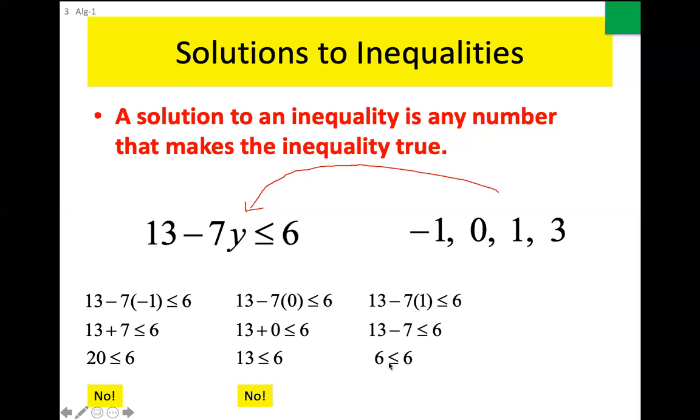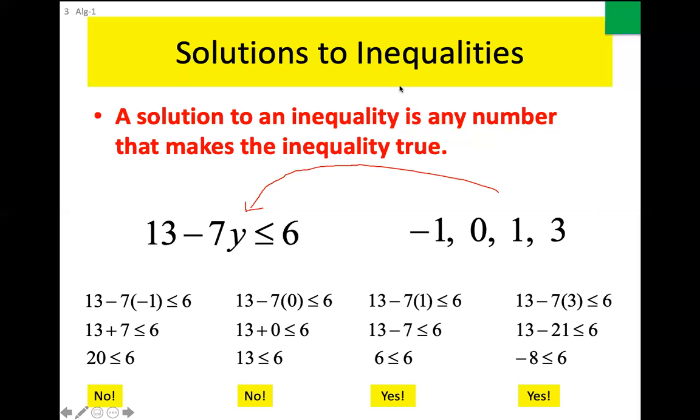So this little line here makes all the difference. That one is a yes. Lastly, for the 3, -7 times +3, -21. 13 minus 21, opposite signs, subtract, more negatives. We get -8, and -8 is definitely smaller than 6, so that's also a yes.